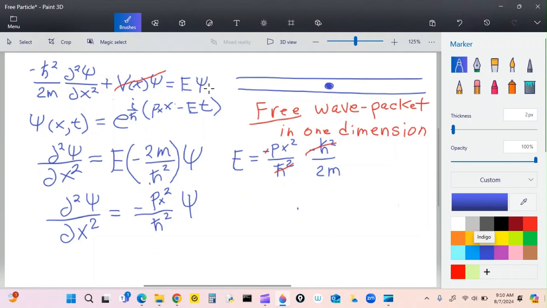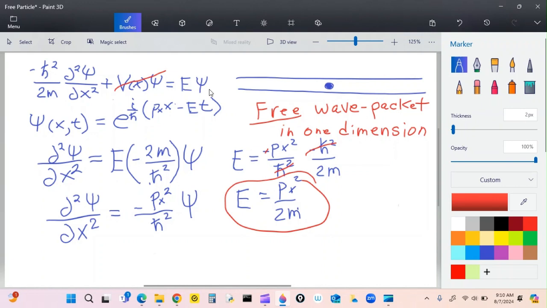So that means that the energy, by solving this free particle, is equal to momentum in the x dimension, so since this is a single dimensional idea, squared over 2m. What about that?